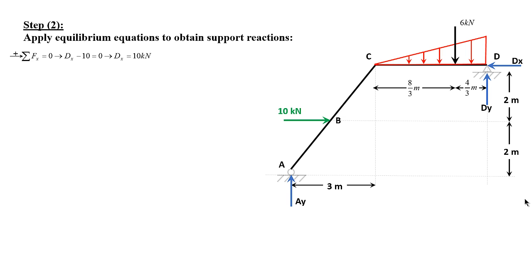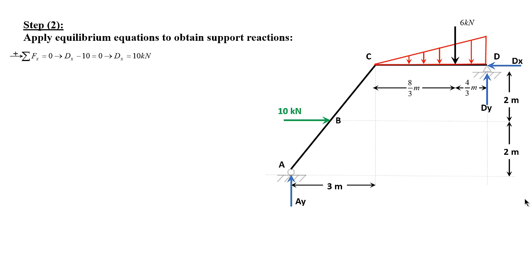If I solve for DX, I'll get DX equals 10 kilonewtons. It might be a little bit confusing the way I wrote it. It should say minus DX plus 10 equals 0, and if you solve for DX, it's going to be again 10. But anyways, the way I assumed it, 10 is opposite of DX. So if 10 is positive, DX is negative. If 10 is negative, DX is positive.